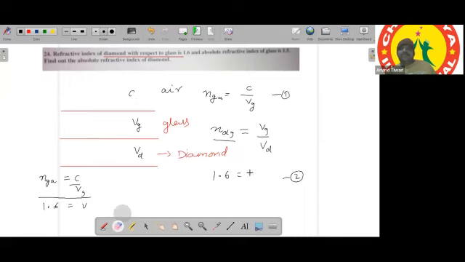It should be Vg by Vd only. But first reciprocate it and then divide, so that Vg and Vg get cancelled. We want this to be cancelled. We are supposed to find out the absolute refractive index of diamond.